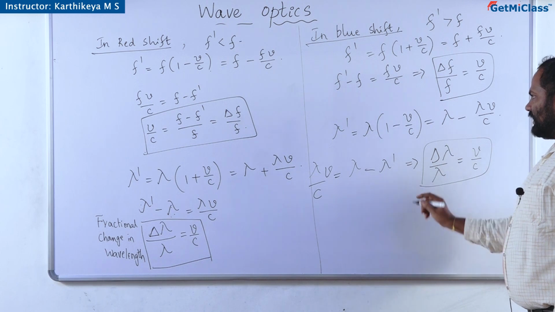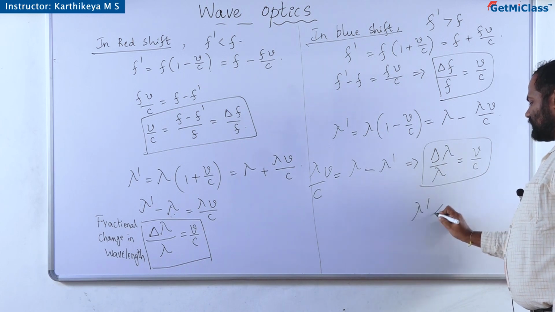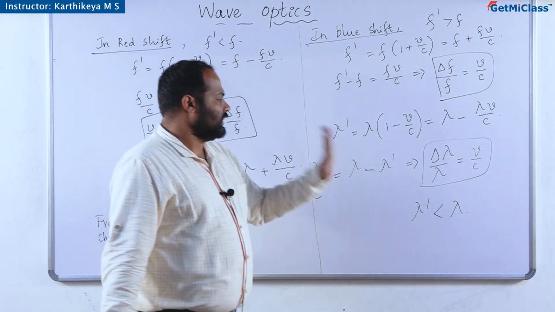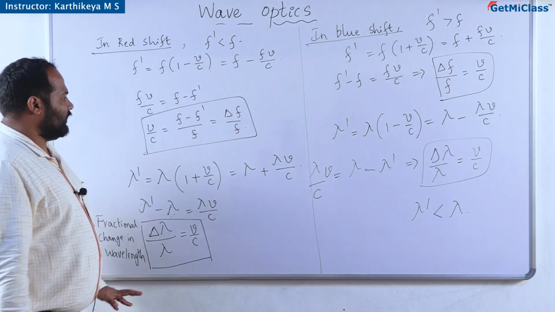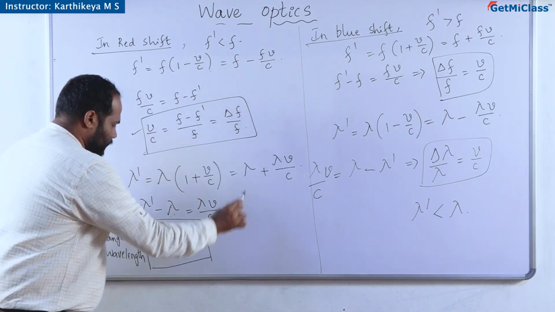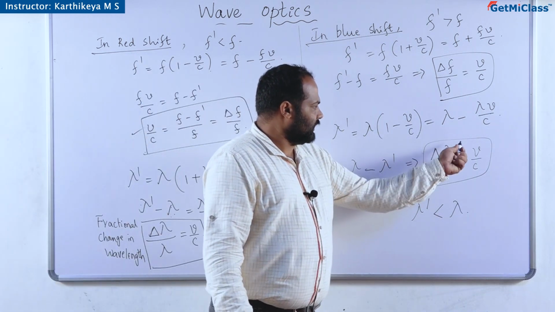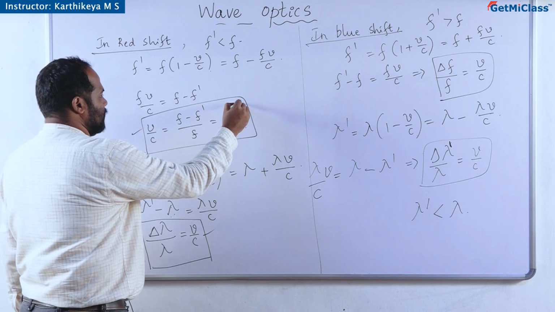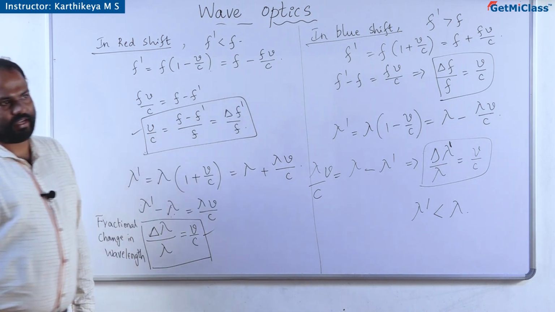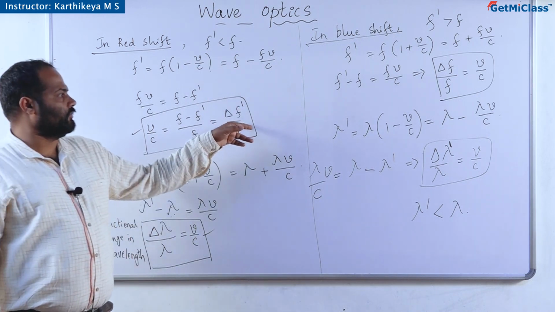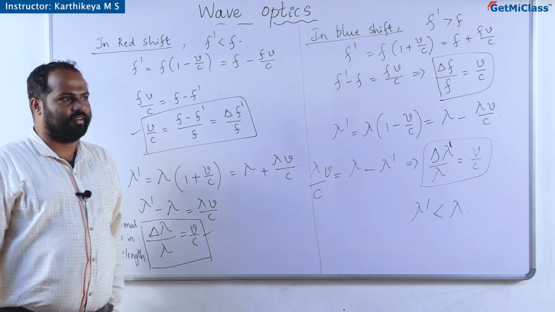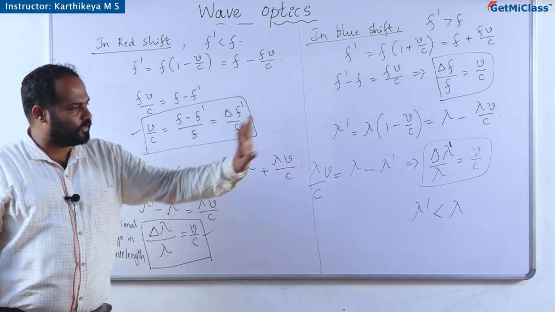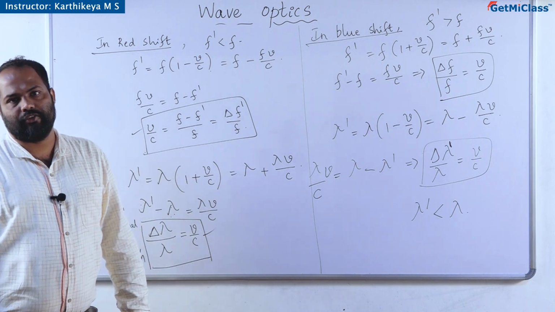But clearly here lambda dash is less than the actual wavelength. Such shortcut formulae, delta f and delta lambda, the apparent change in frequency and wavelength, can be used as shortcuts in solving problems.